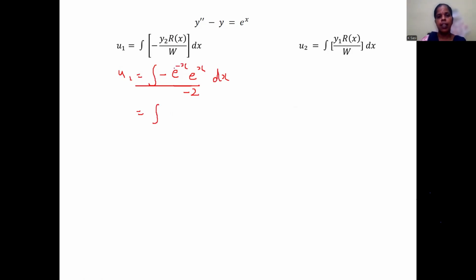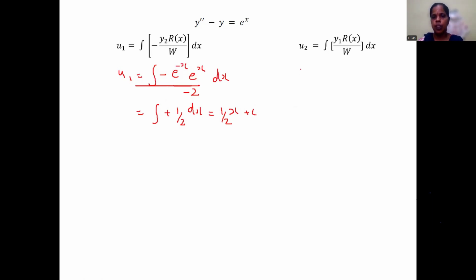Here again e power x into e power minus x, so it becomes e power 0. So we can write it as plus 1 by 2 dx. So what is the answer? Integration of dx is nothing but x, so u1 is x by 2, plus a constant you can write.